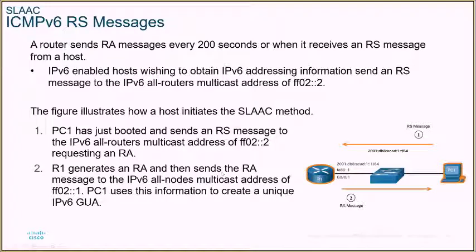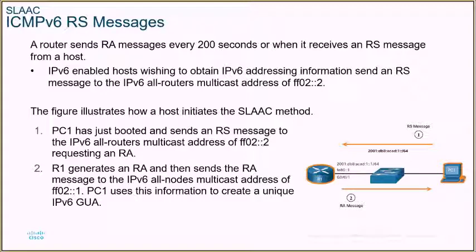Now the router solicitation message. A router sends an RA message every 200 seconds or when it receives an RS message from a host. IPv6 enabled hosts wishing to obtain IPv6 information send an RS message to the all routers multicast address. The figure illustrates how a host initiates the SLAAC method.